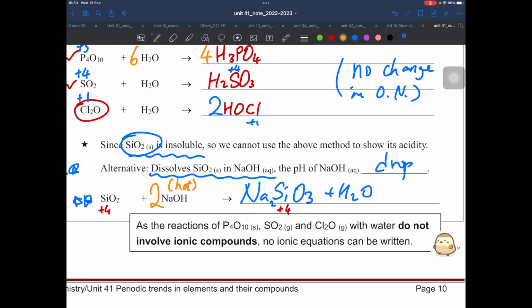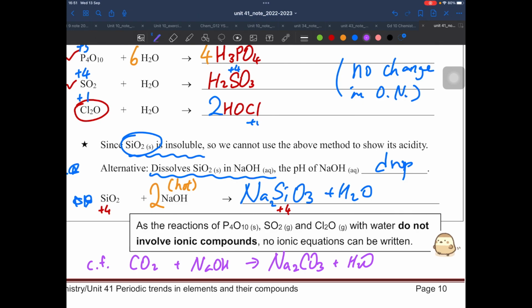And some of you will find that the equation is very difficult to memorize, right? I give you a reference, so please complete this one. CO2 dissolved in NaOH. How can you write down the balanced equation? CO2 is an acidic oxide, right? So I'm sure everyone can write down this.